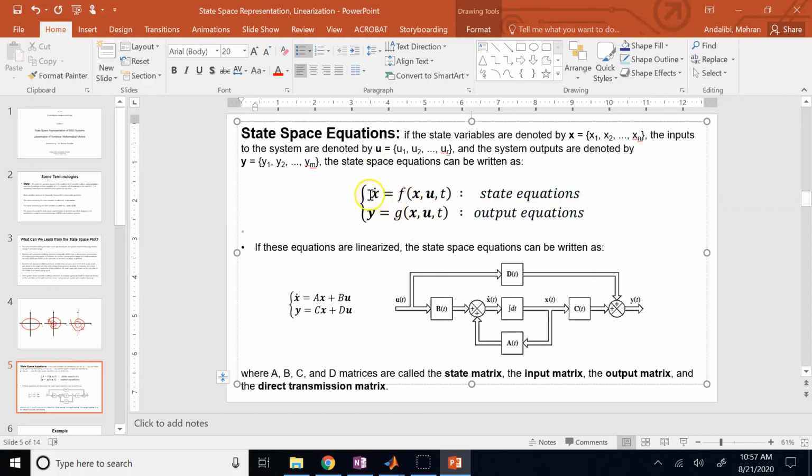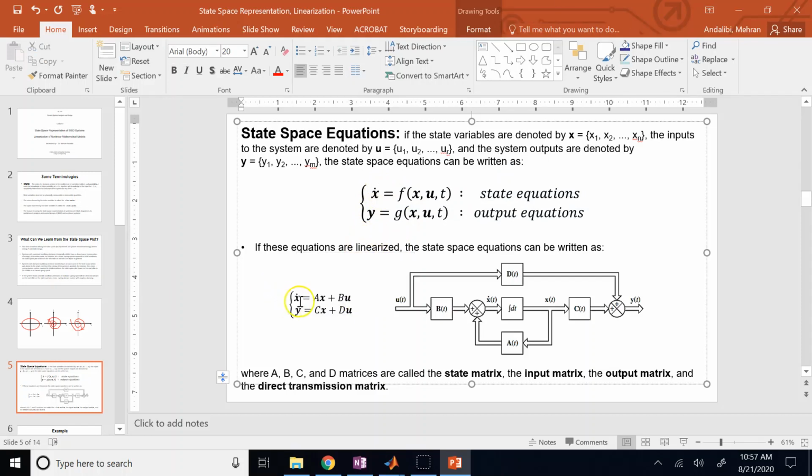Now, these two functions f and g can be linear or what? Non-linear. If your system is non-linear, then f and g will be non-linear in general. If the system is linear, then instead of writing it like this, I can actually write those equations this way.